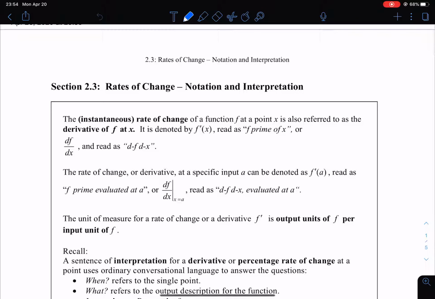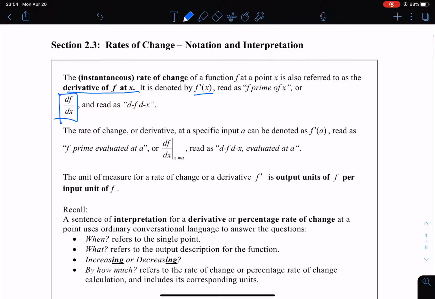Section 2.3, rate of change, notation and interpretation. The rate of change of a function at a single point x is also referred to as the derivative of the function f at point x. The notation is f prime of x, and the second notation is d/dx. But they are talking about the same thing. If we are given the input value a, then we just plug in x equals a, that is f prime of a.